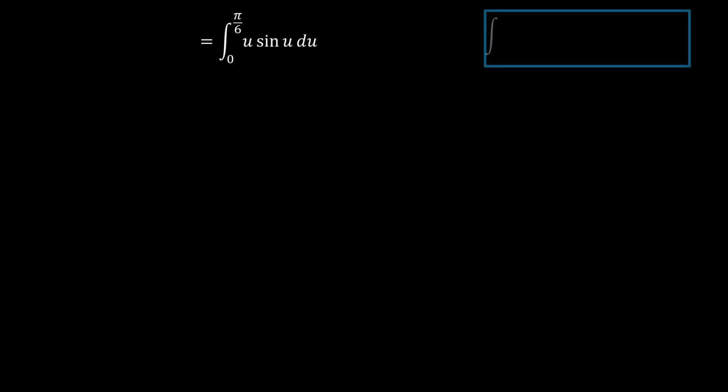And what integration by parts really means is that if you have two functions, capital V and the derivative of capital U multiplied together, when you try to integrate that product, you get UV minus the integral of U times the derivative of V. And so we can now recreate sine u to be the derivative of negative cosine u.